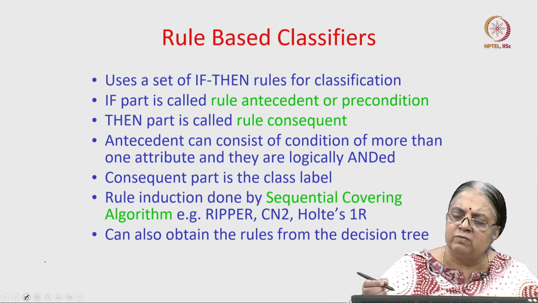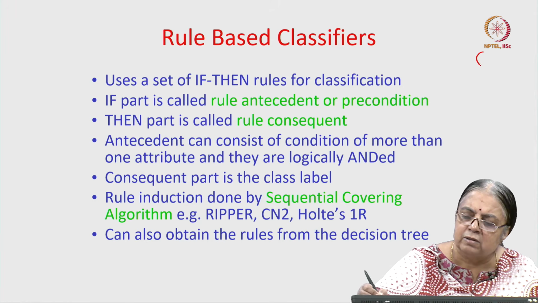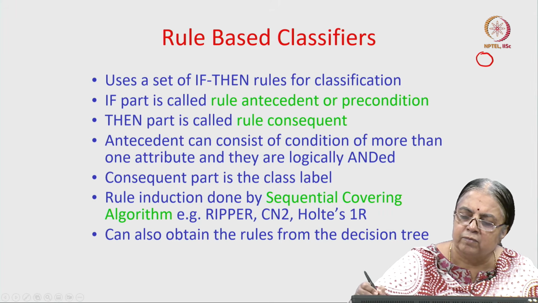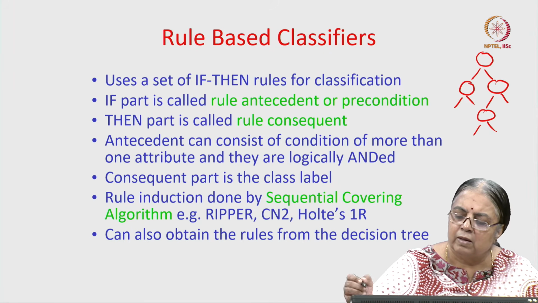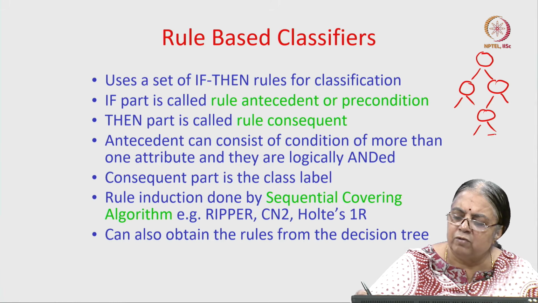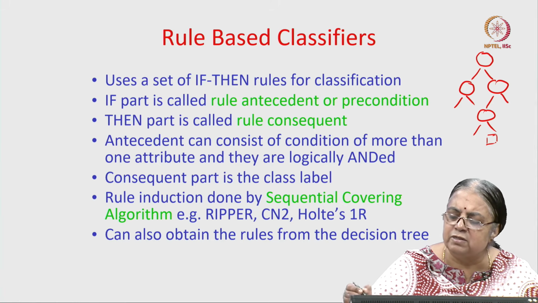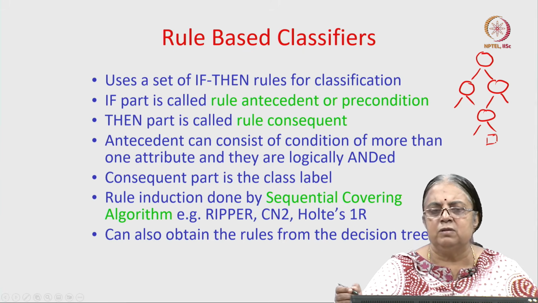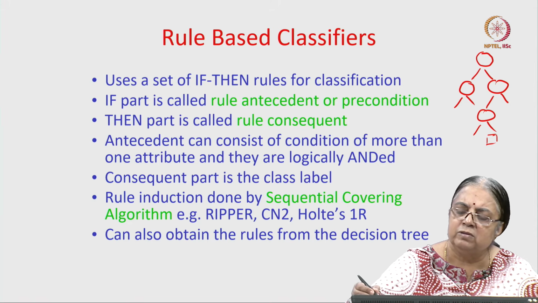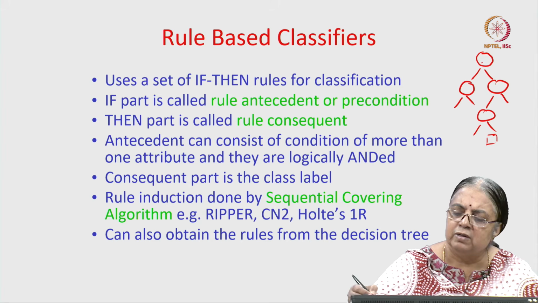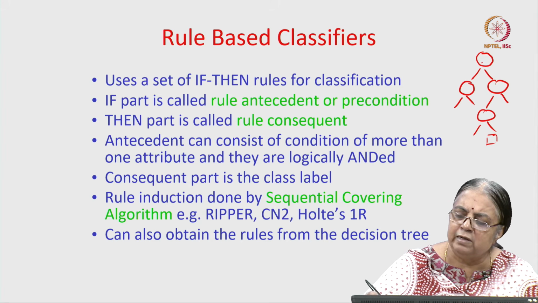So suppose I have a decision tree, and the final leaf nodes in the decision tree give you the class label. If we go from the root node to a leaf node, it will give you a rule.